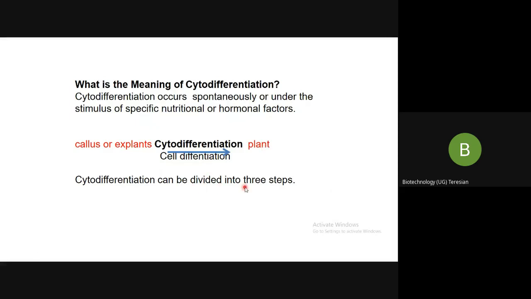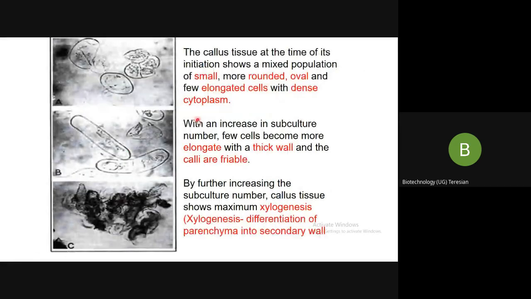Cytodifferentiation can be divided into three steps. As you can see in this picture, this is 1, 2, and 3. The callus tissue at the time of its initiation and further growth shows a mixed population of small, more rounded, oval, and few elongated cells with dense cytoplasm.